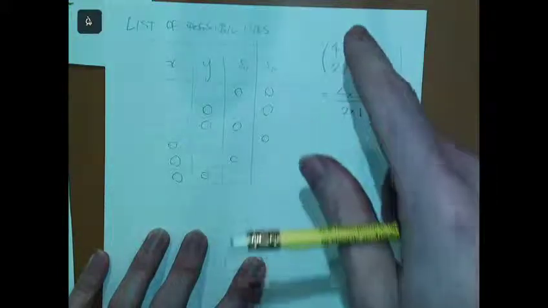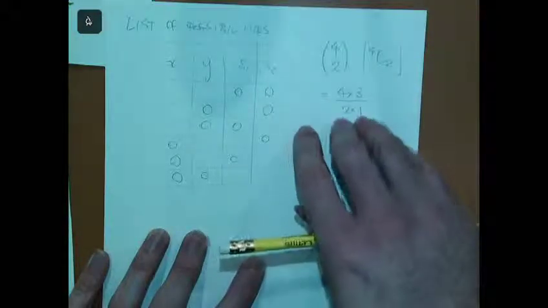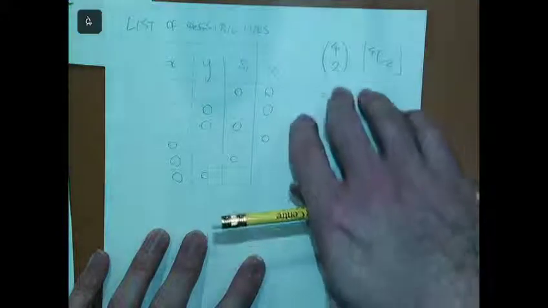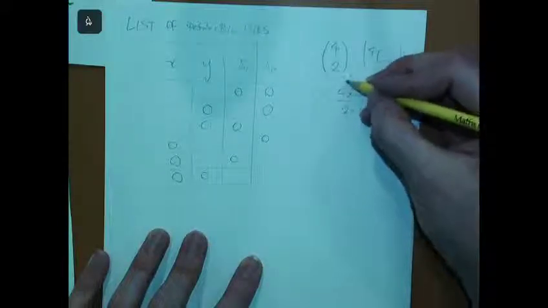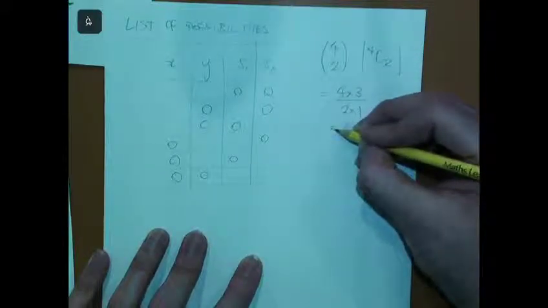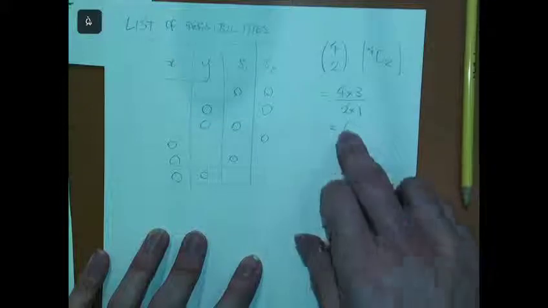So if it was 4 choose 3, I would have had 3 times 2 times 1 on the bottom, and the top would have had 4 times 3 times 2. They always have the same number. And so I get 6 as my answer. So I was supposed to have 6 possibilities, and yes, I have 6 possibilities. That's just a way of checking that I have the right number of rows in my table.